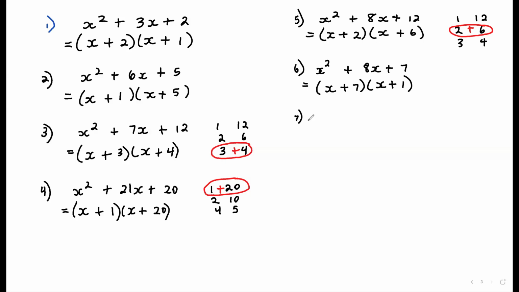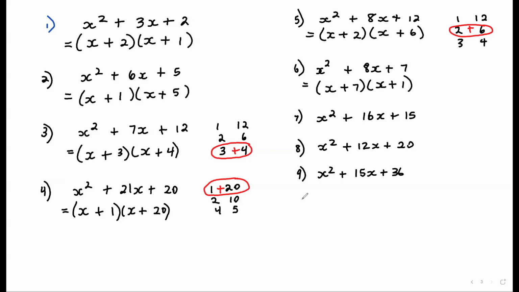Okay, so you're trying for me. You're doing x squared plus 16x plus 15. x squared plus 12x plus 20. x squared plus 15x plus 36. x squared plus 22x plus 40. x squared plus 20x plus 36.